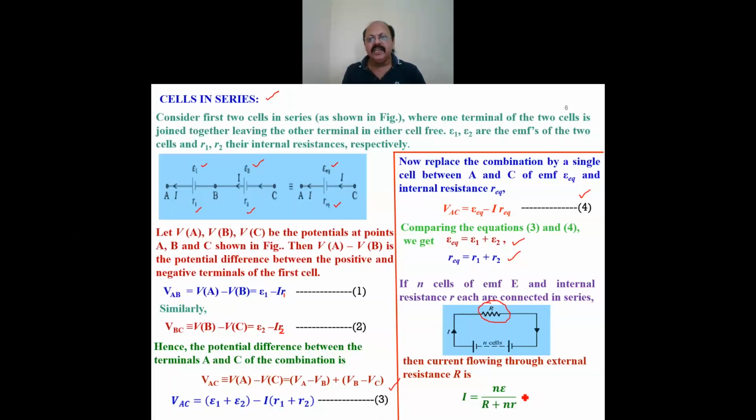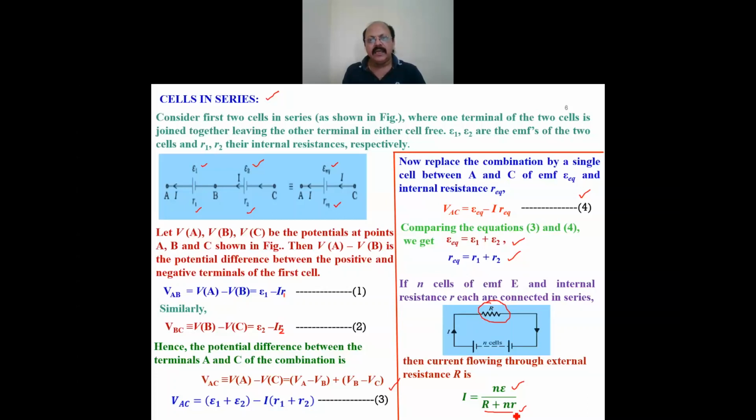So in that condition the current is equal to total EMF upon total resistance. So total EMF here becomes nE, where E is the EMF of each cell and small r is the internal resistance of each cell. So total internal resistance of n cells becomes nr, and total resistance of the circuit becomes R plus nr.